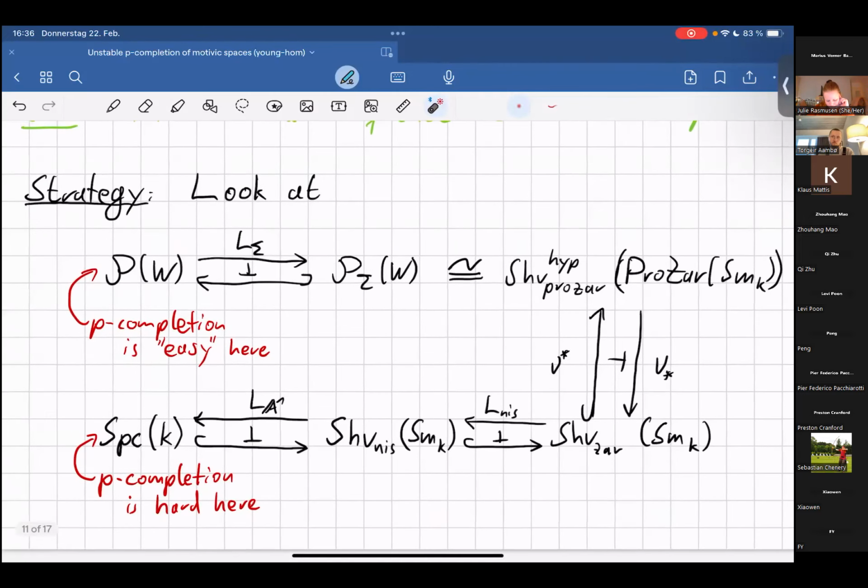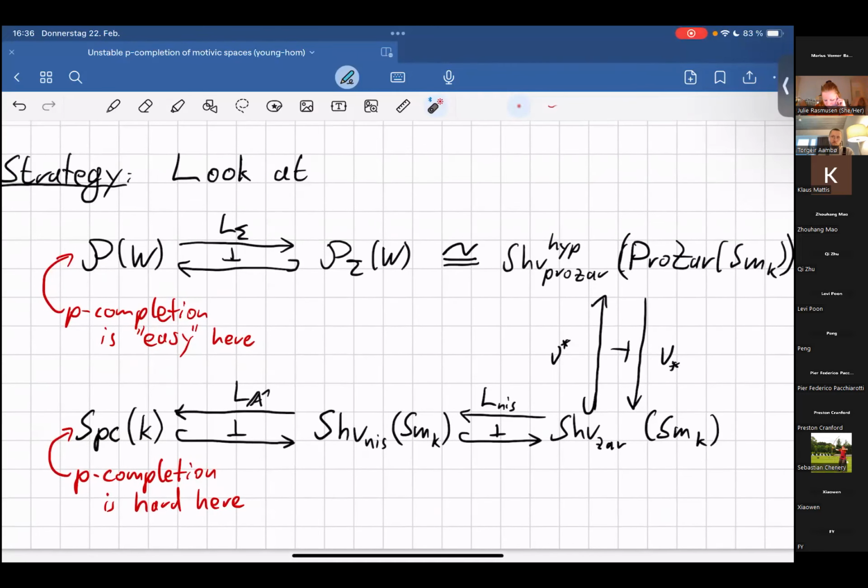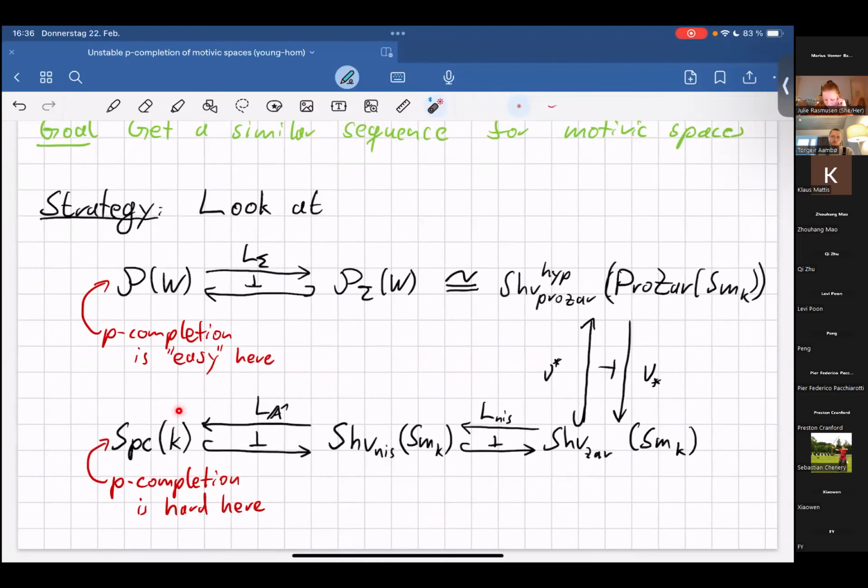Okay, so the strategy is to look at this diagram. So here is the category of motivic spaces. Here is where I want to do some p-completions, but p-completions here are hard because of these connectivity problems I talked about earlier in the stable case, which we also have in the unstable case. And so the idea is to reduce it to some easier case of p-completions where we know what happens.